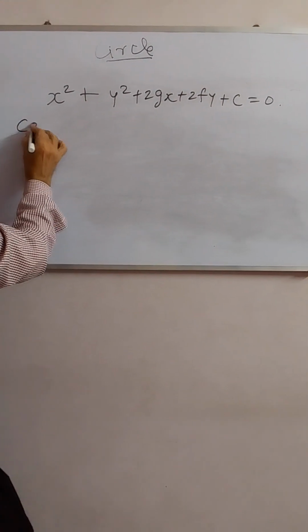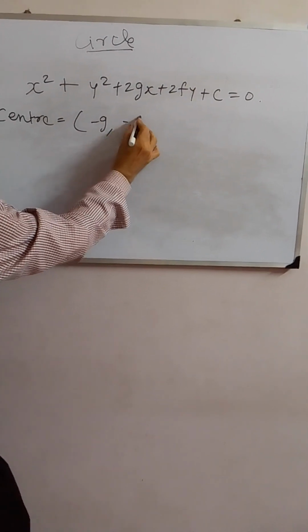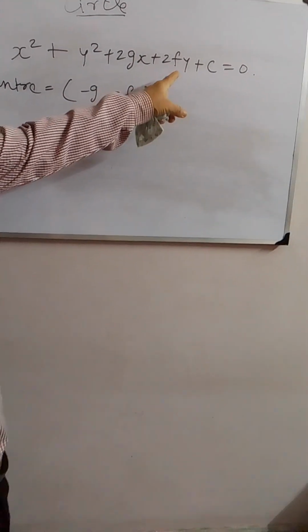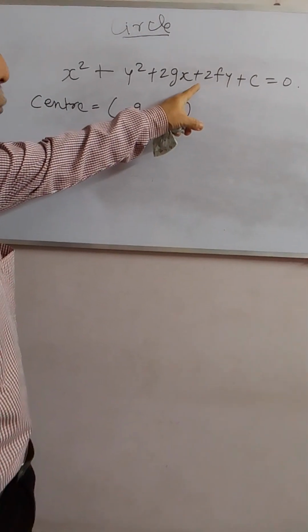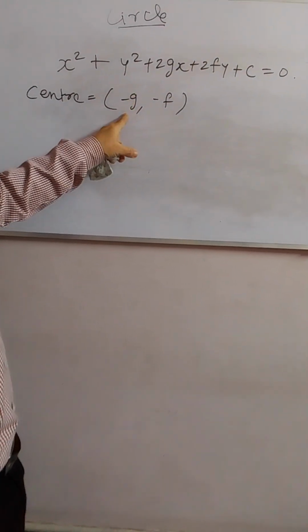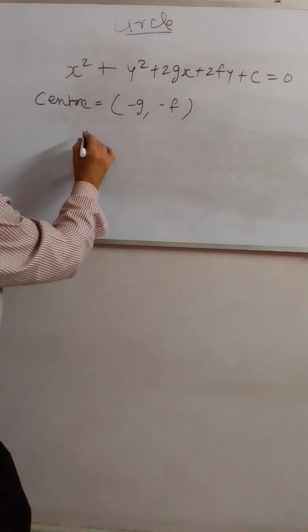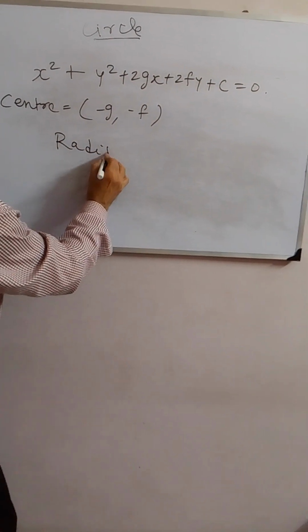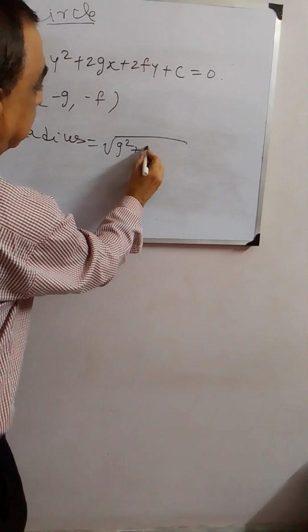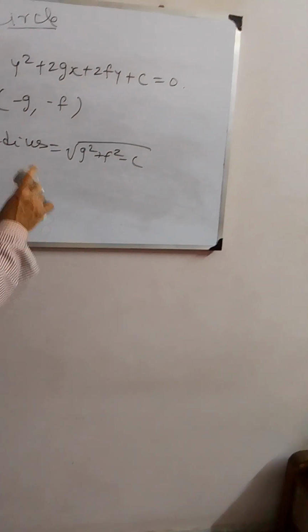Okay, so here the center of the circle will be (minus g, minus f), that is, half of the x coefficient with the opposite sign and half of the y coefficient with the opposite sign will be the center. And the radius of the circle will be what? The radius of the circle is the square root of g squared plus f squared minus c. So this will be the radius of the circle.